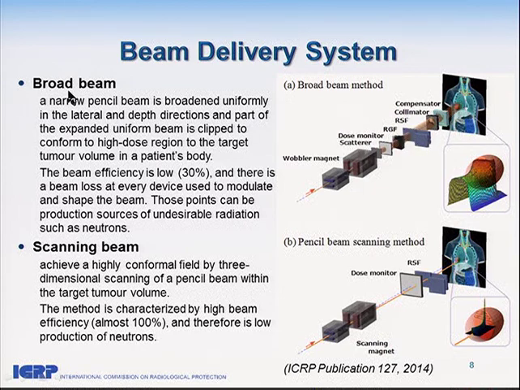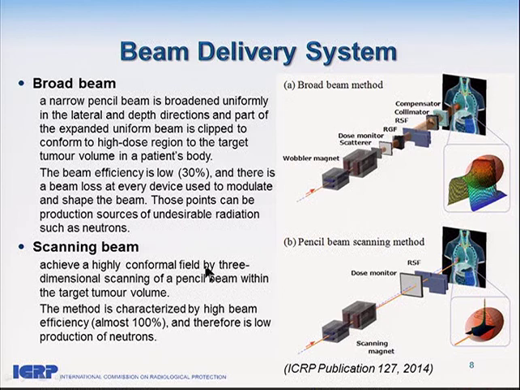Compared with the broad beam system, a recently introduced technique uses a scanning beam, which achieves a very highly conformal field by 3-dimensional scanning of a pencil beam. This can be done with the recent development of technology to control the beam scanning. We need a very sophisticated system to give an adequate dose to the tumors.